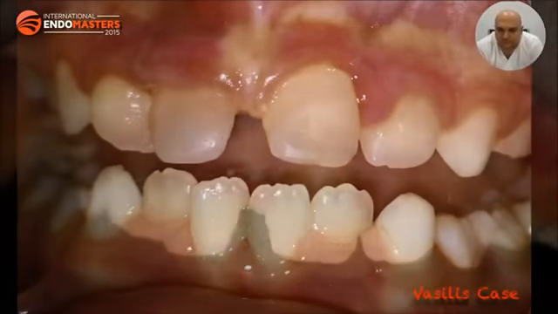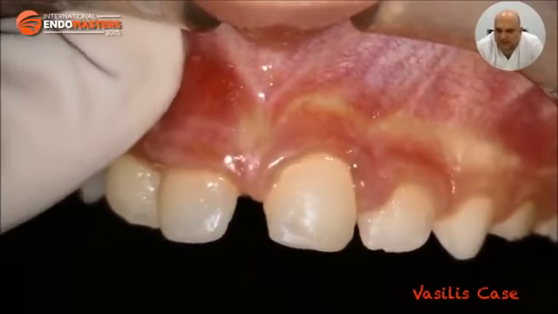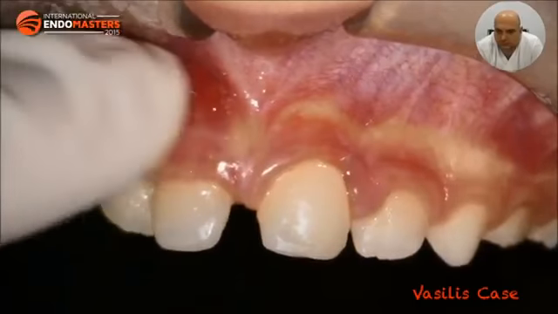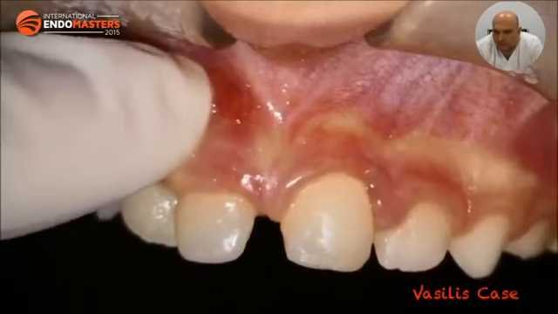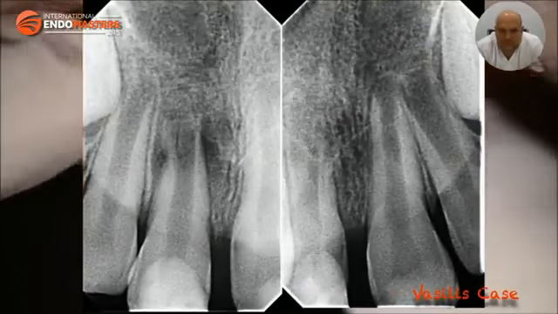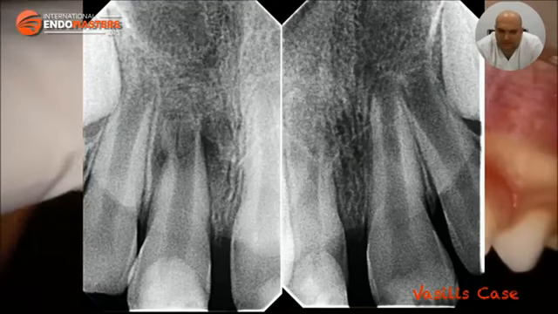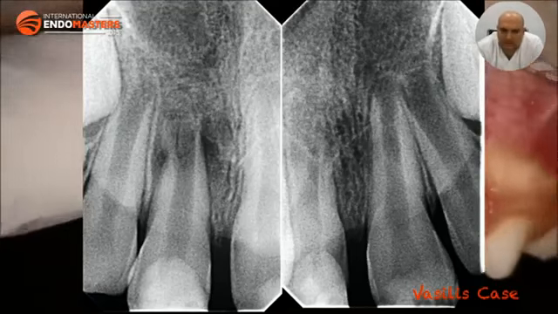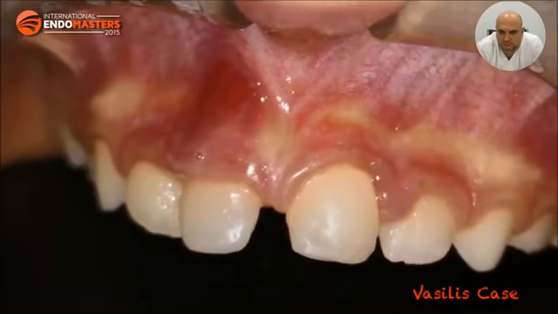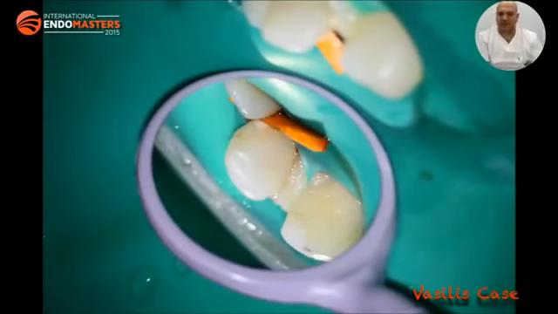The immature tooth is palpation and percussion sensitive, and this is the clinical situation. It's highly mobile, grade 3 mobility. This is the preoperative radiographic image of the anterior maxillary teeth. And this is how I achieved isolation.